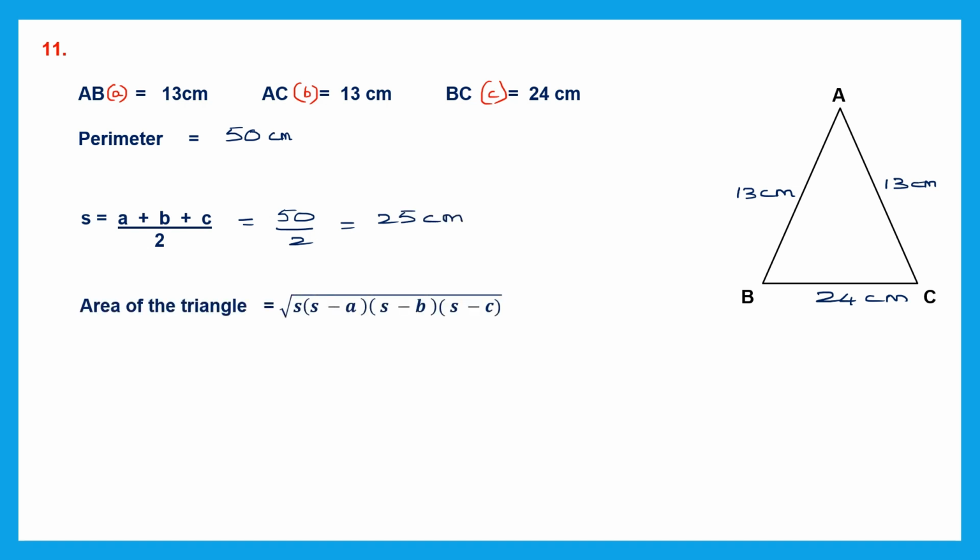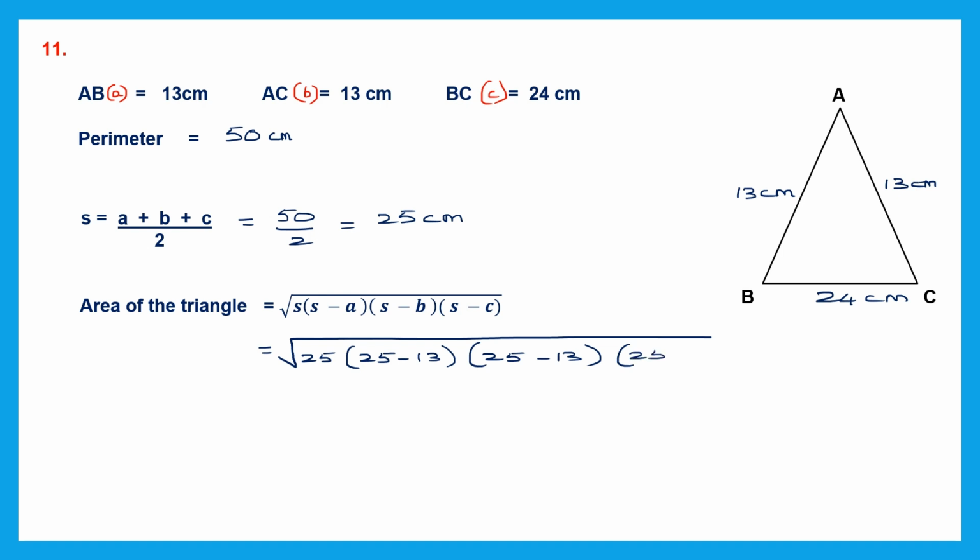Now we can find the area by using this formula. So let's use this formula and find the area. So S is 25, 25 minus A, which is 13, 25 minus B, which is also 13, and then 25 minus C, which is 24. Now we need to work this out. This will be 25 into 25 minus 13 is 12, into 12, into 1.